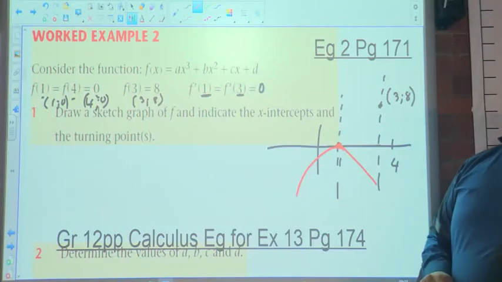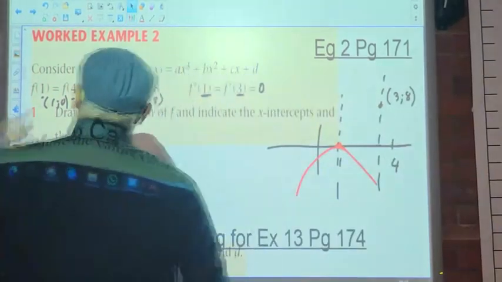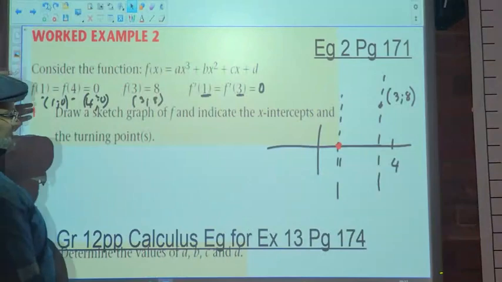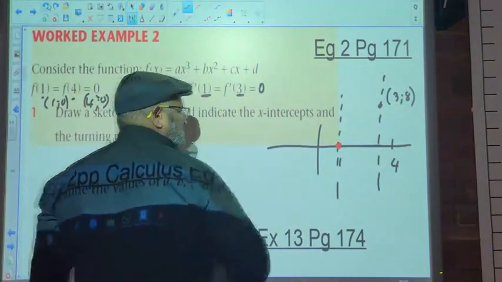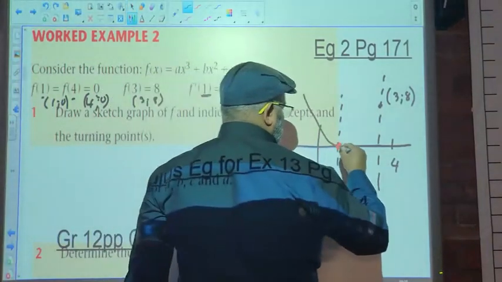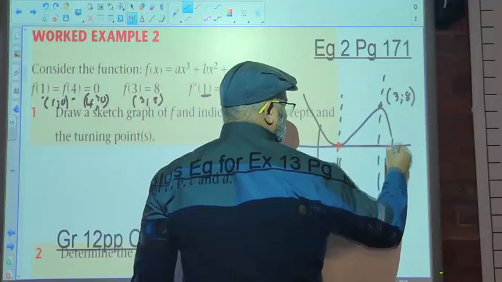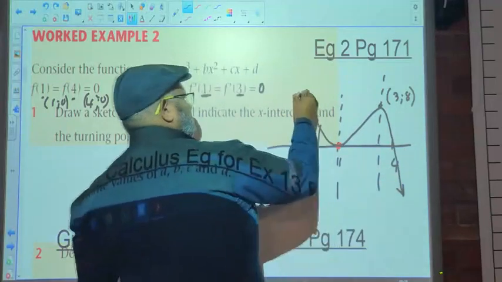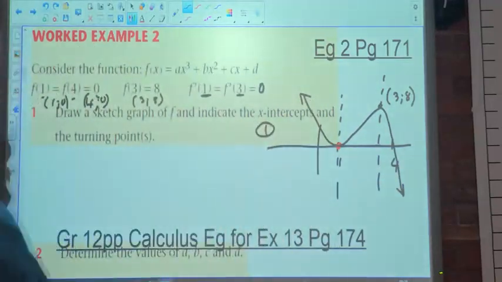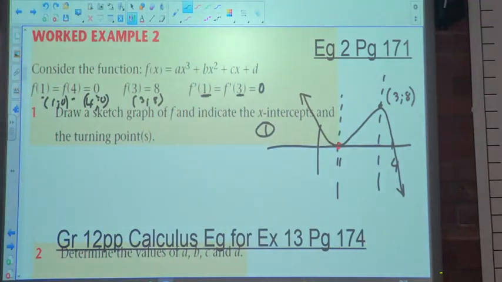No. So the graph is actually going the other way around. Can you see that, people? The graph is coming from the side, bouncing off there, and cutting forward. The first question is to draw a sketch of the graph of f and indicate the intercepts and the turning points. There we go.